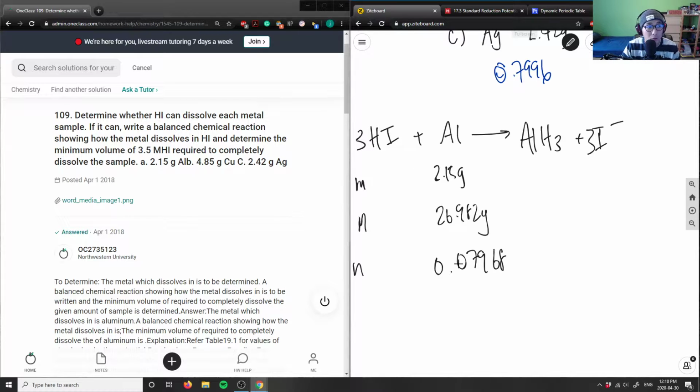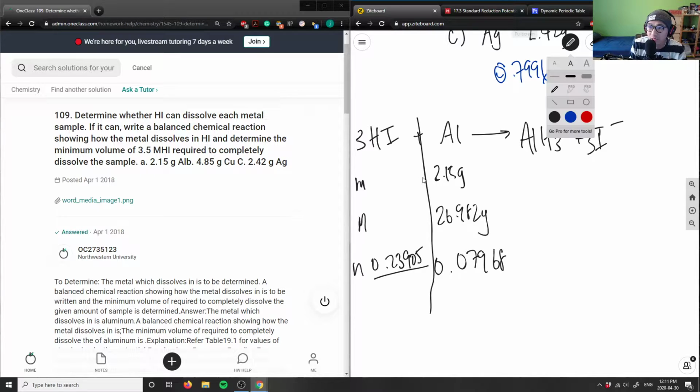So I have to figure out a mole to mole ratio for this HI, which means I have to multiply this by 3 in order to get the moles of HI here. If I multiply this number by 3, I would get 0.23905. So this is the moles of HI here.